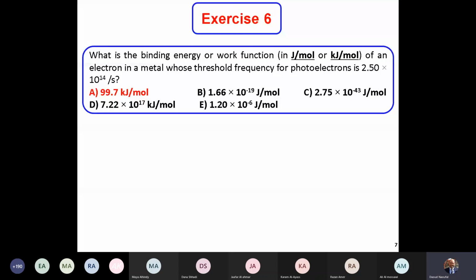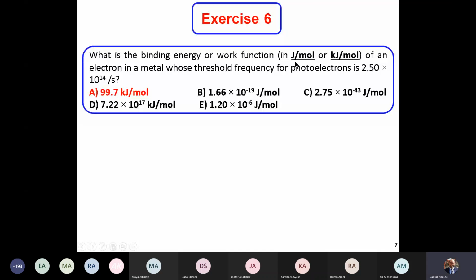So the kinetic energy of the electron ejected is per 1 electron, in joule per 1 electron. And he asked us to calculate the binding energy in joule per mole of electrons ejected. So we have a difference between joule per 1 electron and joule per mole of electrons.